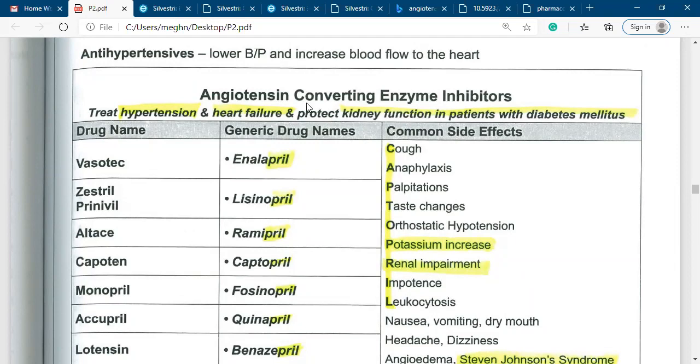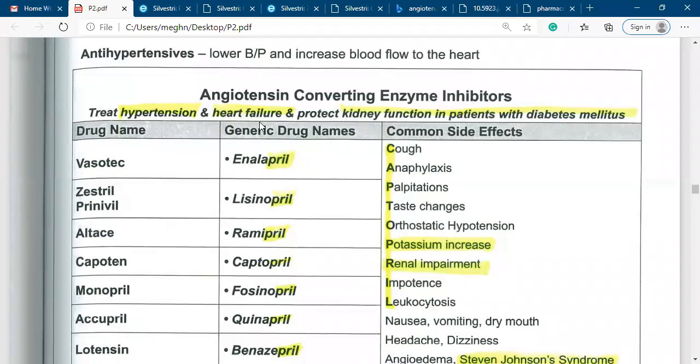So we have to know here what drugs we use as angiotensin converting enzyme inhibitors. Okay, this is the drug list and generic drug names. So angiotensin converting enzyme inhibitors we use to treat hypertension, we use for heart failure, and also we use if anybody has a kidney problem.